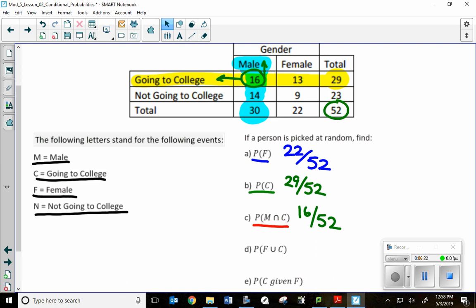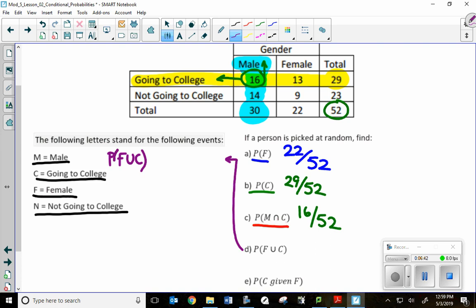All right. D, the probability of female or going to college. Oh boy. So, I'm going to do this over here. Let's remember the probability of female or going to college. Disregard what that looks like in the parentheses, because every lesson someone says something.